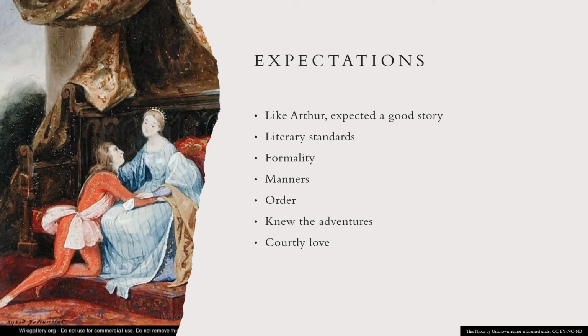Troubadours and storytellers tell them, and so their expectations are high for a good story. They like formality. They like rules. They like everything to be balanced and symmetrical. So we can expect some numbers. We can expect order in the way the story is told and the poetry.